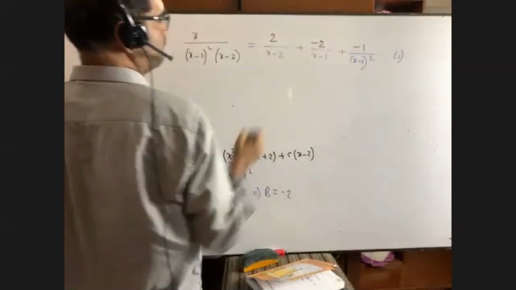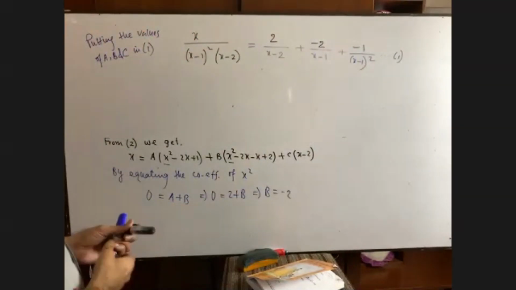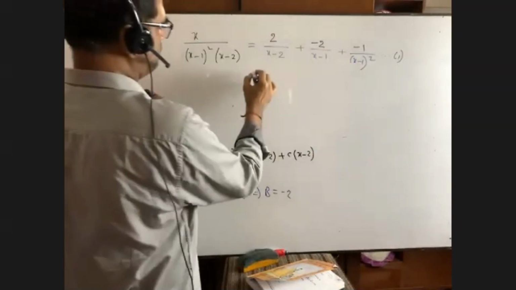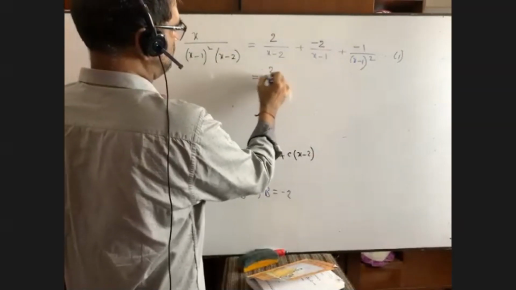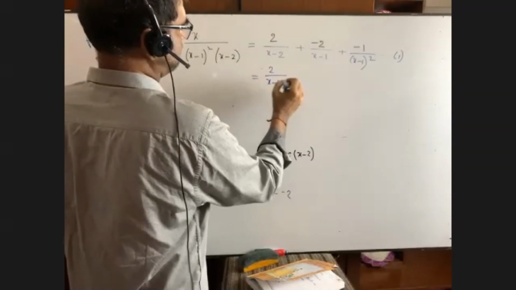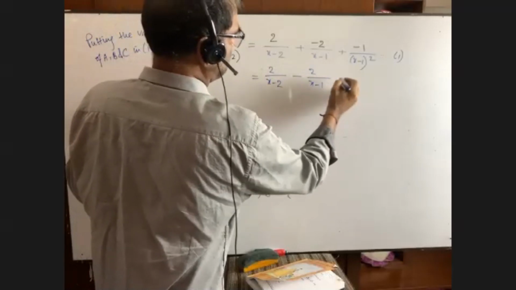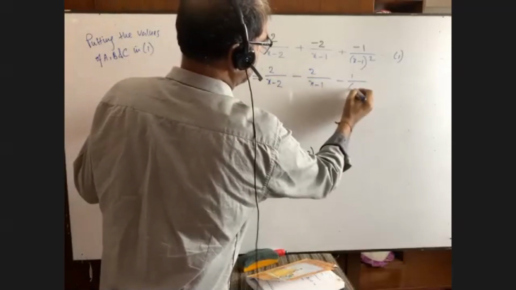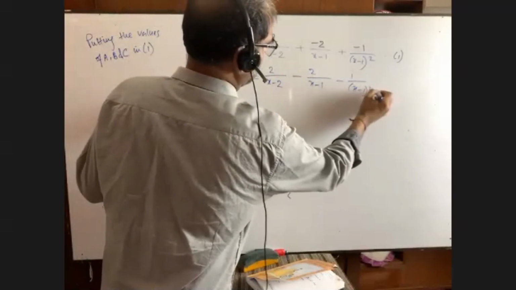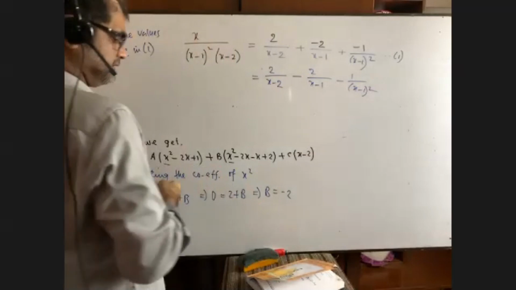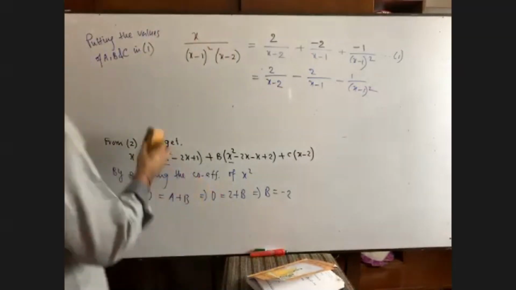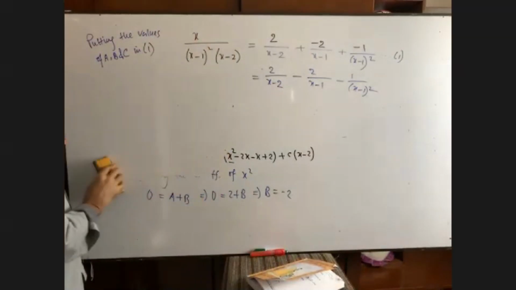Now we can write 2 by x minus 2 minus 2 by x minus 1 minus 1 by x minus 1 whole square. Thus the given rational fraction has been expressed as the sum of the partial fractions.